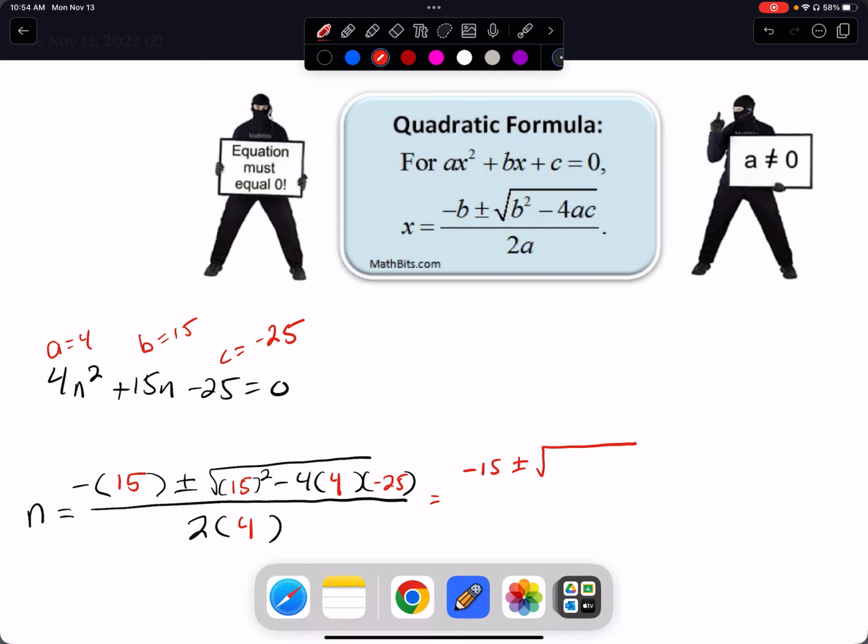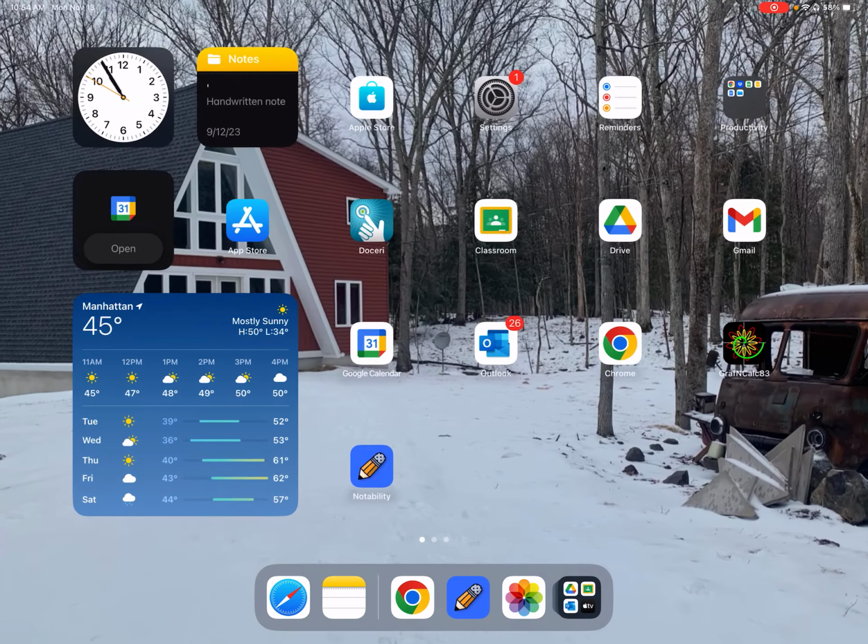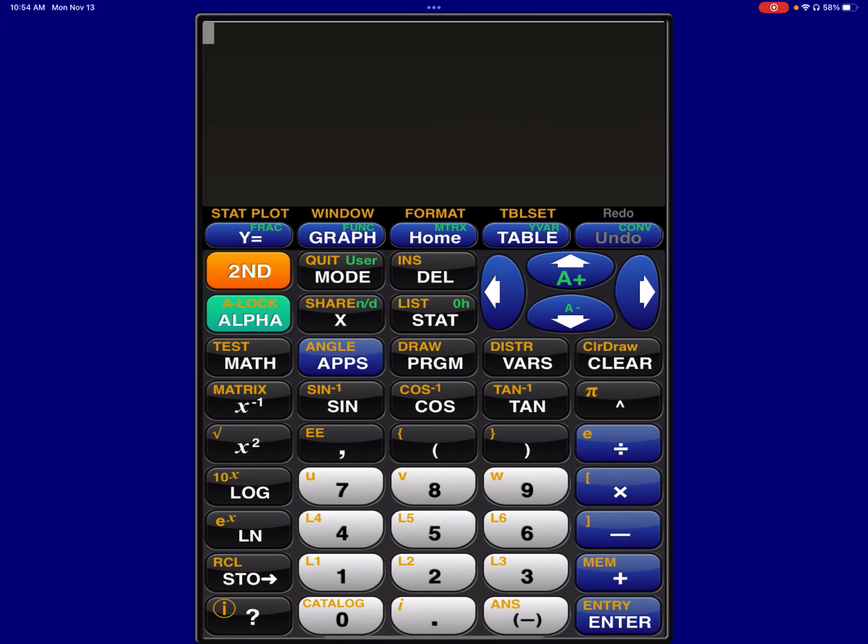Let me just show you. I've got 15 squared minus 4 times a, which was 4, times c, which was negative 25. If I do that in my calculator, I'm going to get 625.